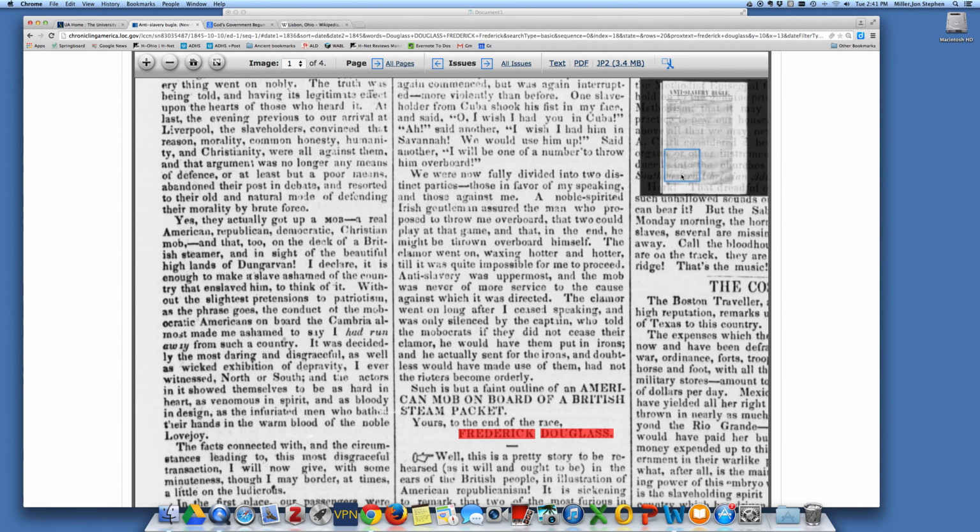Yes, they actually got up a mob, a real American, Republican, Democratic, Christian mob, and that too on the deck of a British steamer and in sight of the beautiful highlands of Dungarvan. I declare it is enough to make a slave ashamed of the country that enslaved him.